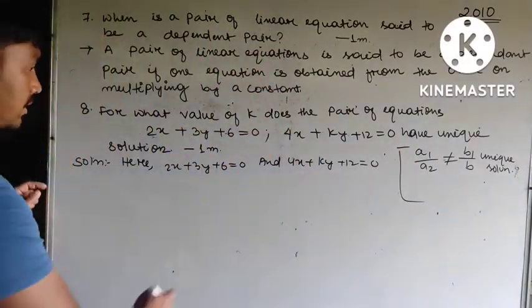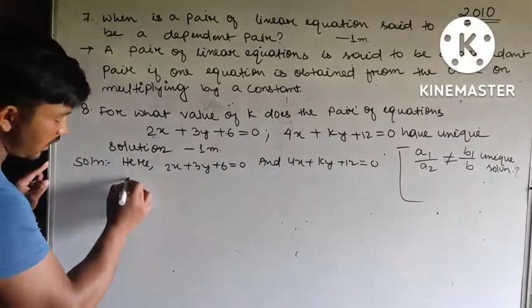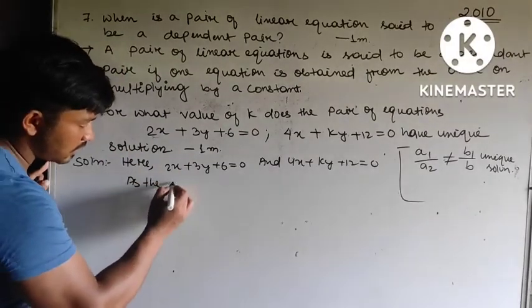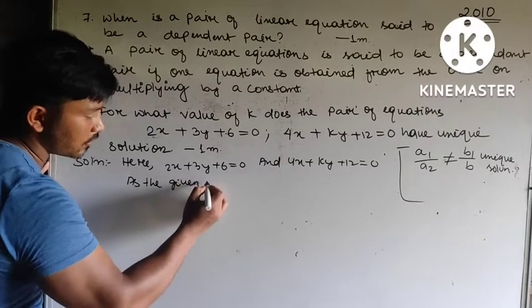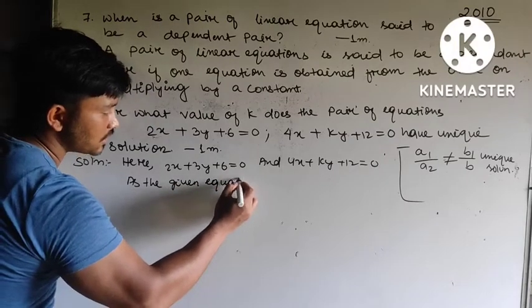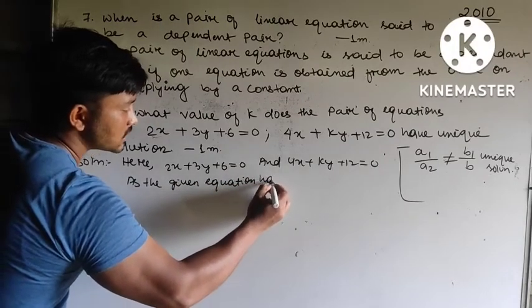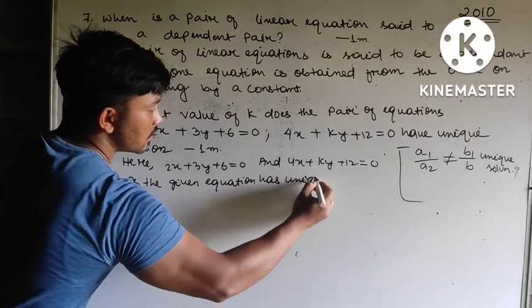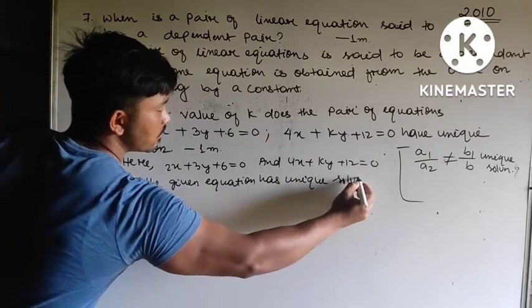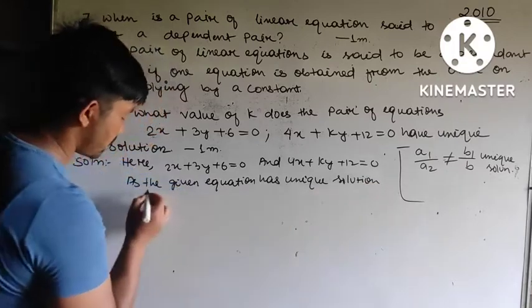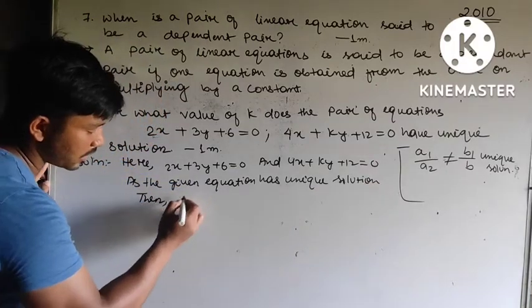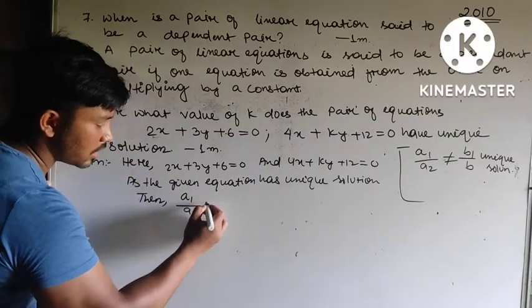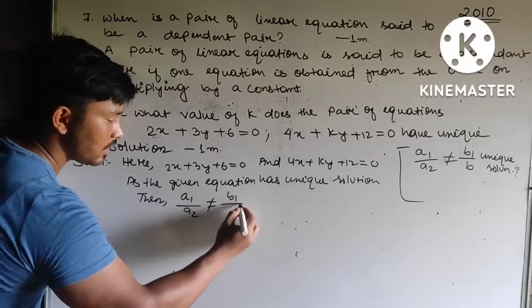So let's see. As the given equation has a unique solution, a1 by a2 is not equal to b1 by b2.